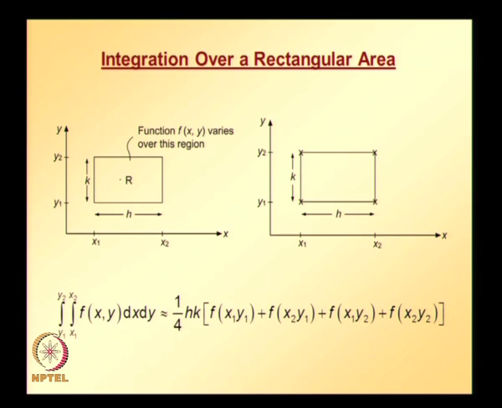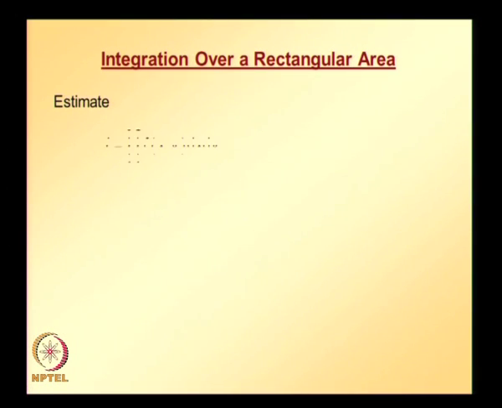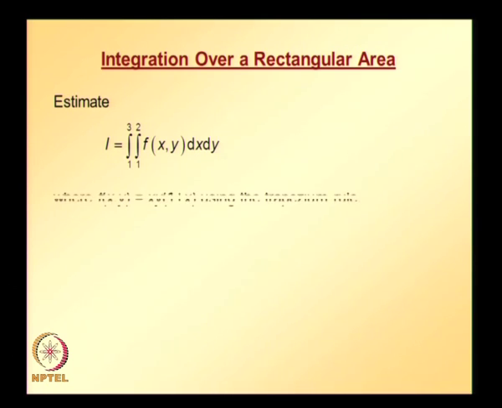So, now let us apply this formula to estimate an integral like this, integral 1 to 3, 1 to 2, f(x,y) dx dy, where this function f(x,y) is xy times 1 plus x, using trapezium rule.